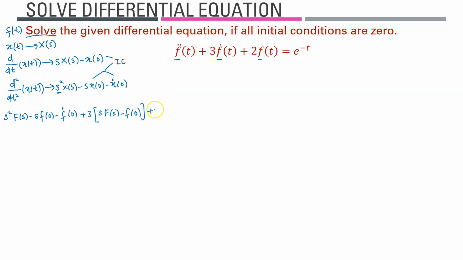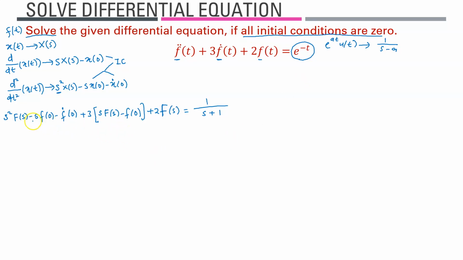Plus 2 F of s equals to, now this one we can apply the Laplace transform table, where if we have e to the power of a t, the Laplace transform is 1 over s minus a. Since the a here is minus 1, we will have 1 over s plus 1. Now it says here all initial conditions are 0.